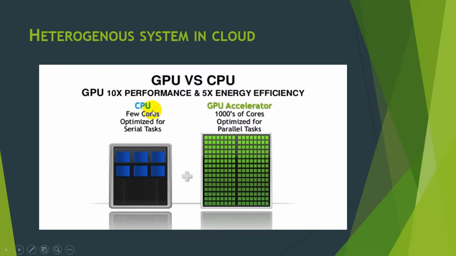A CPU has a few cores, but on the other hand, GPU has thousands of cores optimized for parallel tasks, so it can run more queries in an efficient and fast way. As we mentioned before, the GPU has higher efficiency than the CPU.